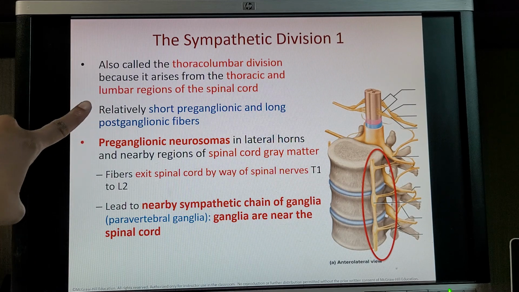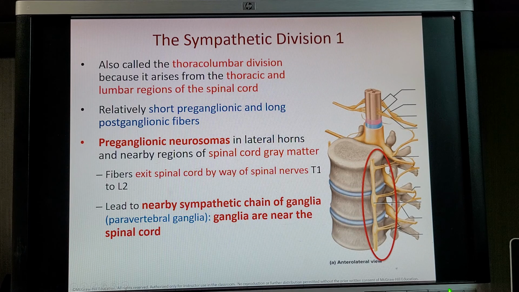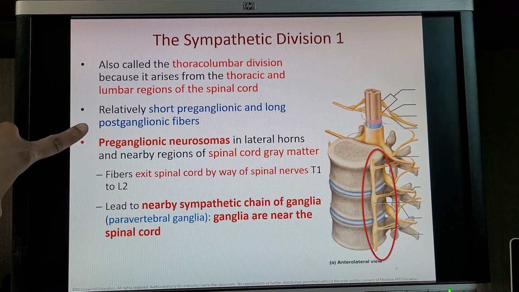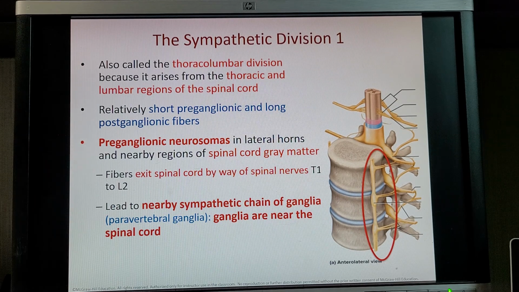So with our sympathetic division, our preganglionic and postganglionic nerve fibers, the preganglionic ones are short and their postganglionic ones are long. So the neurosoma, or the main cell body, is going to exit out of our spinal cord, going out the anterior or front portion of our spinal cord.